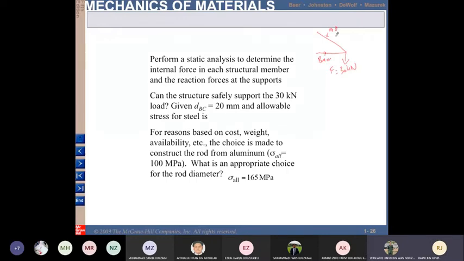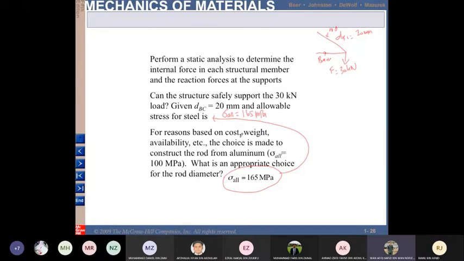So this rod diameter is 20 mm, and the allowable stress for steel is 165 MPa.